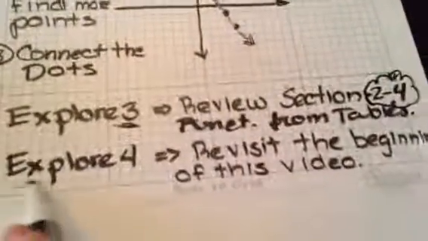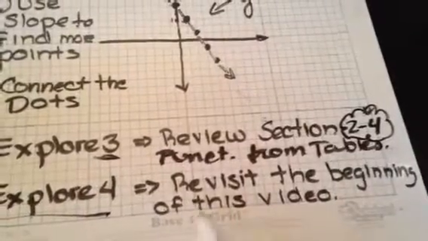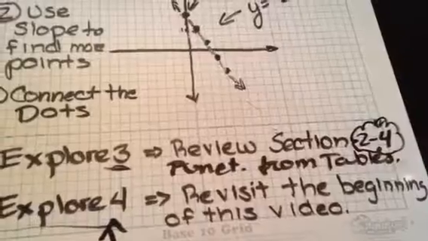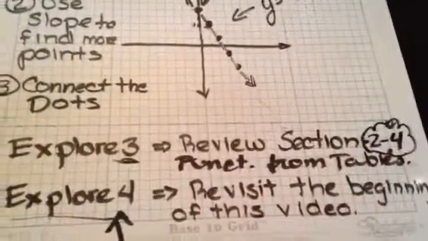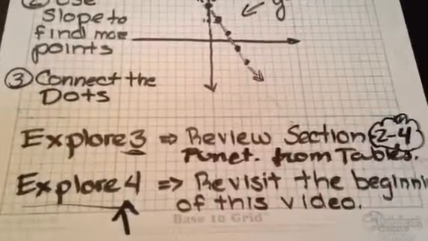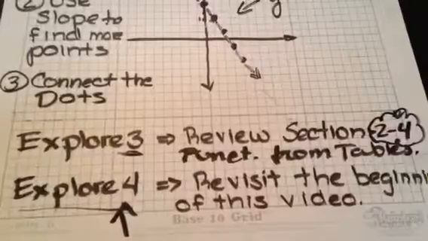I'd be happy to help you out. And then Explore 4, well, revisit the beginning of this video, because actually we started this video doing what they're asking you to do in section 4. So that's the end of 8-3. Your chapter 8 test part 1 covers sections 1, 2, and 3 of chapter 8.